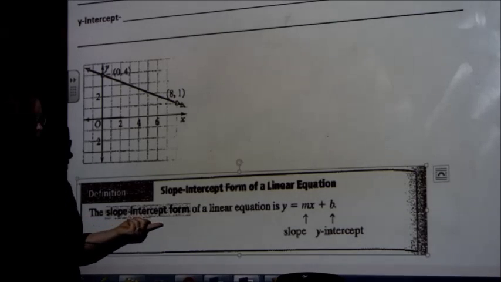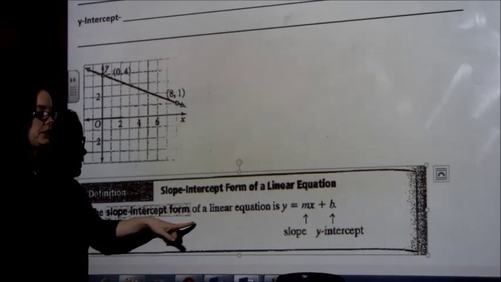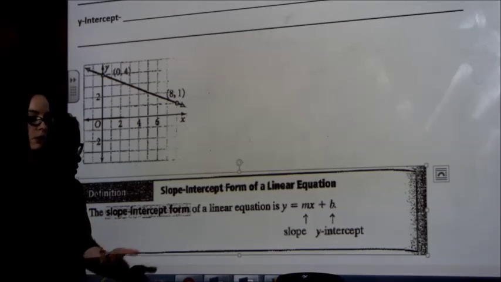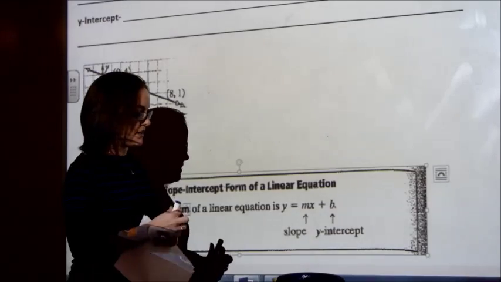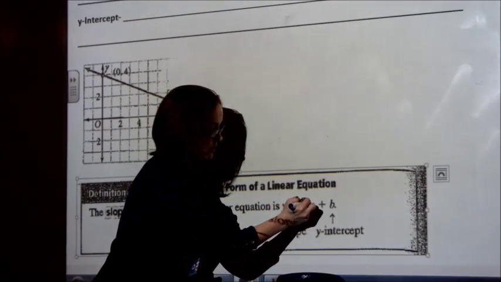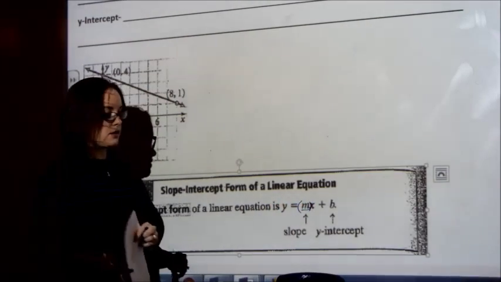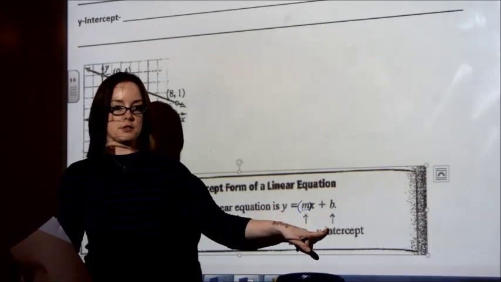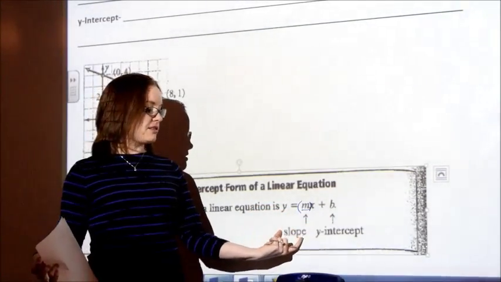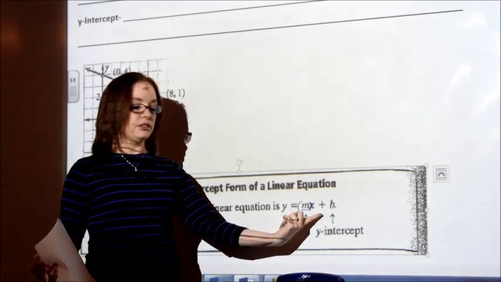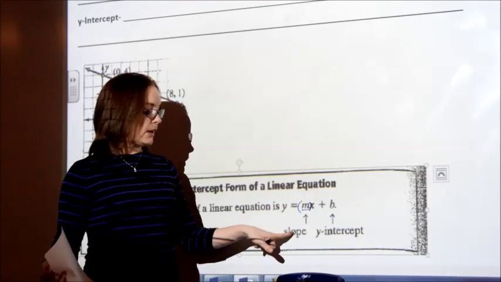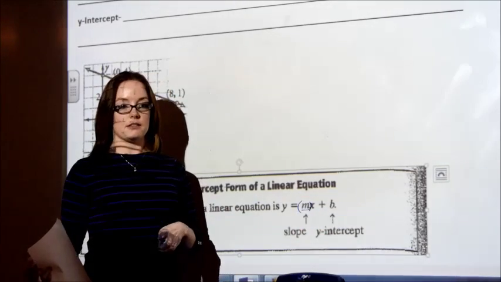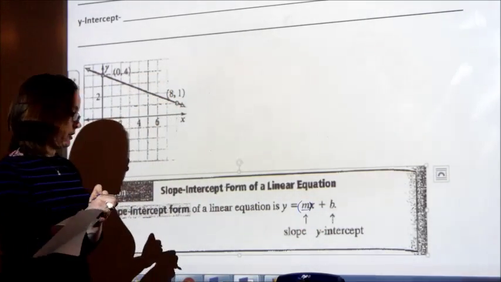So slope-intercept form of a linear equation is y equals mx plus b, where m, whatever number is here, is our slope, and b is our y-intercept. So if you want to know the slope of a linear equation that looks like this, just tell me what m is. And if you want to know the y-intercept, tell me what b is, and you'll have both of those points. Okay?